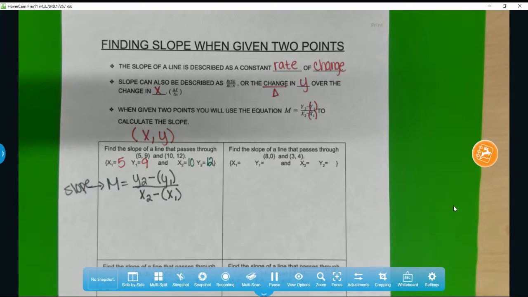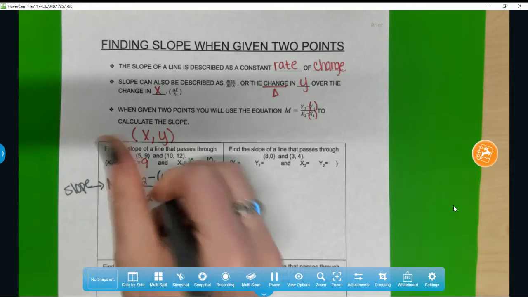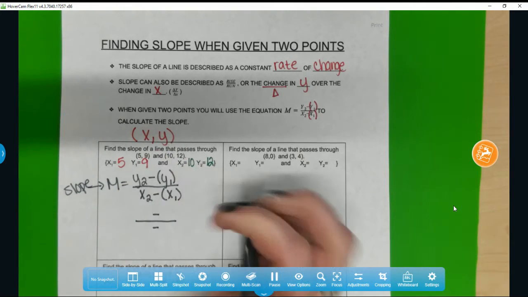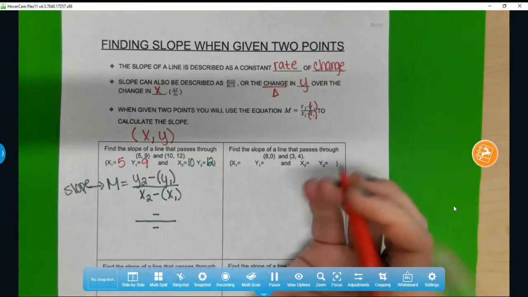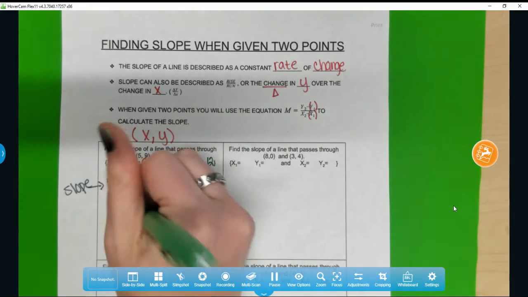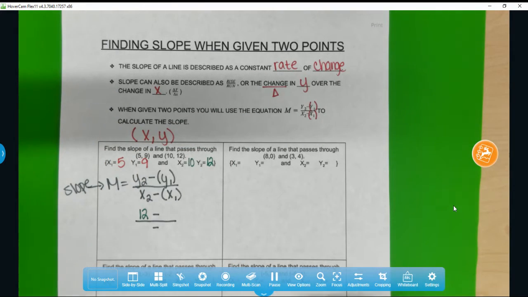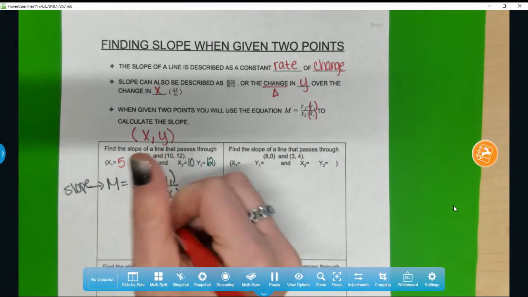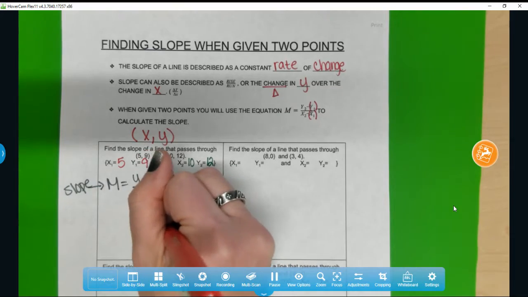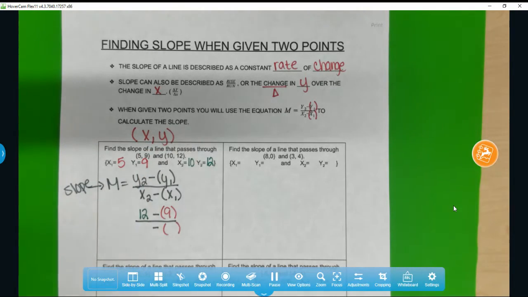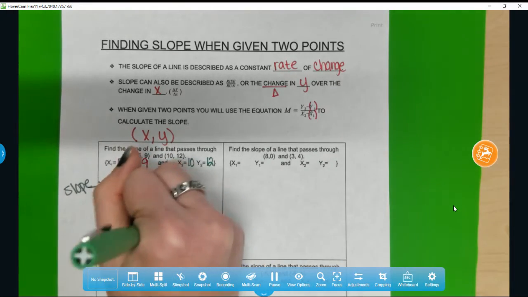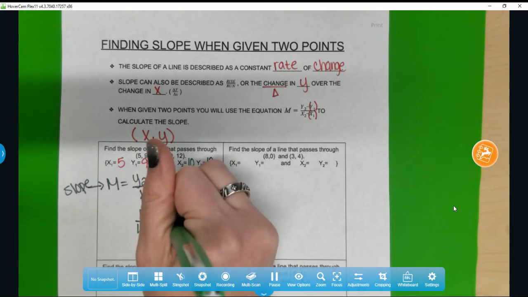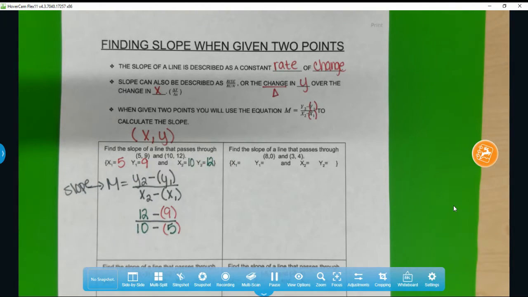Okay, so I'm going to go ahead and draw my fraction bar with both the minuses. So y2 is 12 minus y1, so 9. x2 is 10 minus x1, which is 5.